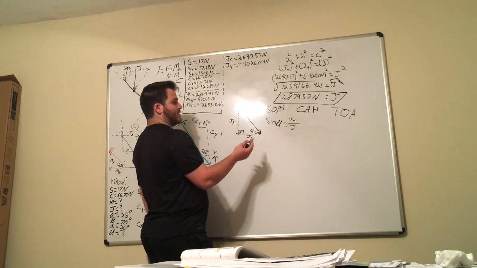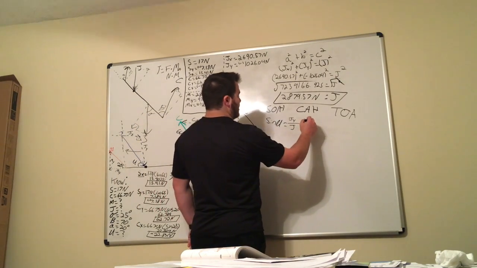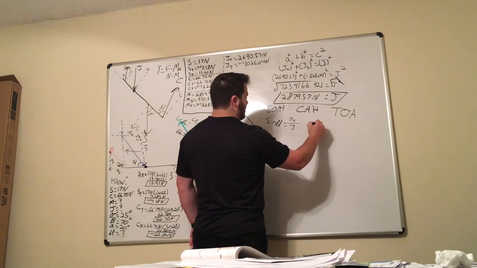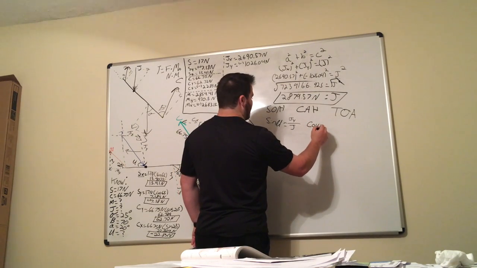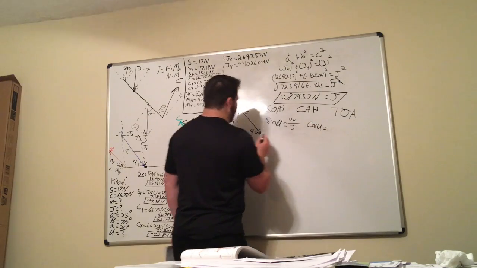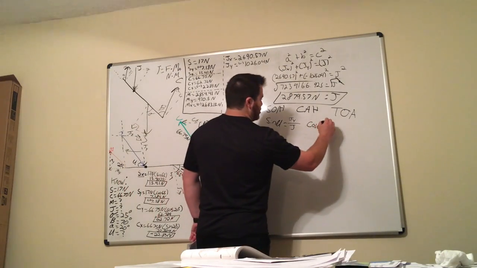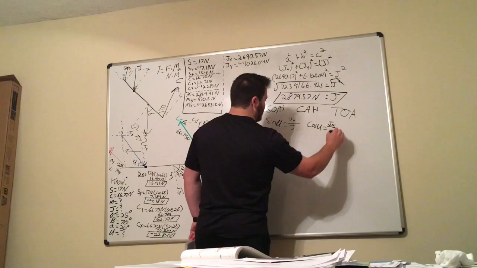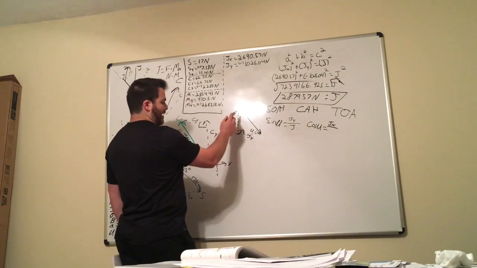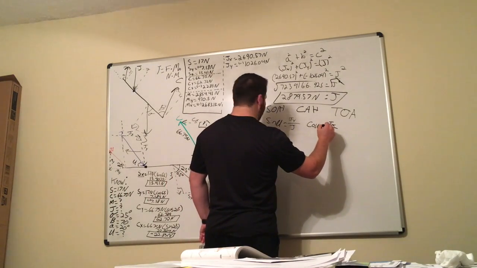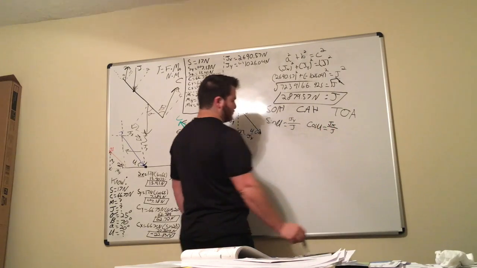If you wanted to use cosine, you can do the cosine of mu is equal to the adjacent, which is your j of x, divided by your hypotenuse, which is j.